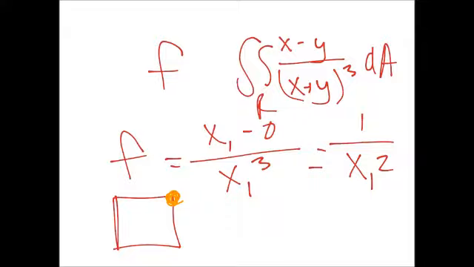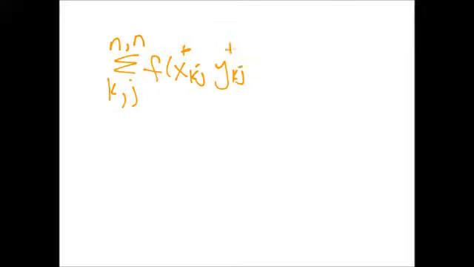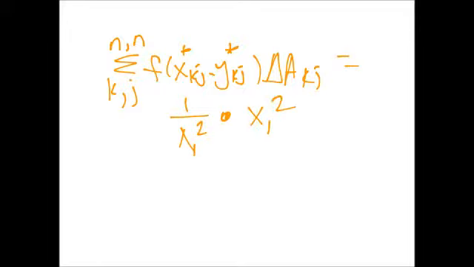And the reason is, if we take that little equation, f of x_kj star, y_kj star, times delta A_kj, that equals 1 over x1 squared, and now we're multiplying it by x1 squared. It's going to equal 1. The entire Riemann sum is 1, and it remains 1 all the time if you keep dividing this way.